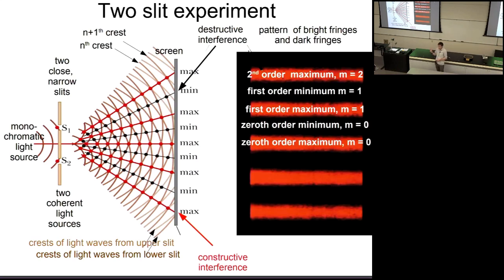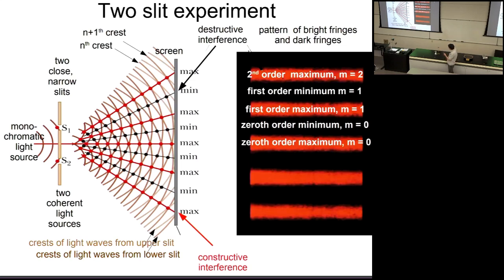If a crest meets a crest, then you're going to get constructive interference. So where these cross, that's going to be constructive interference. If a crest meets a trough, then that's going to be destructive interference.